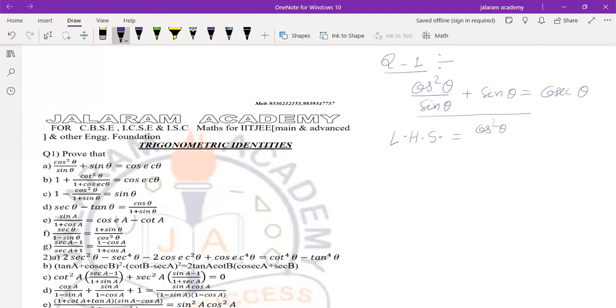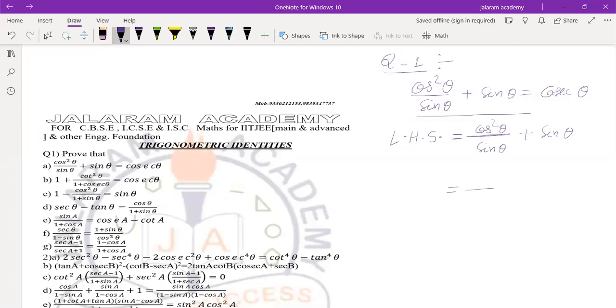Some students start solving at the same point, which is wrong. Your marks can be deducted in board exams if you do so. So first we write cos square theta upon sin theta plus sin theta. And one more thing you have to pay attention to: this equal to sign must be at the center of this fraction line. Is that clear to everyone?